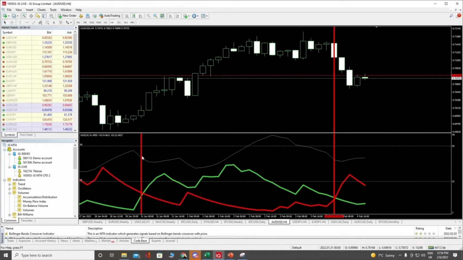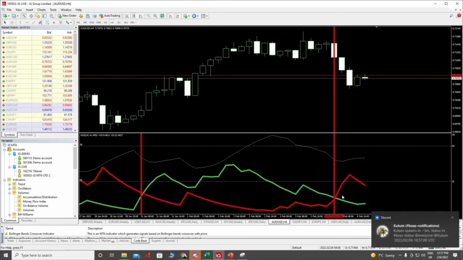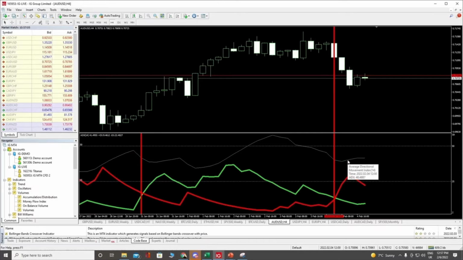So actually, we have the ADX above, the green, it's ready to go, so we are on a buy signal, and this is the opposite. Again, we still have a strong trend. Now, at this point, the opposite. The negative DI comes into control. So this is the time to stop our trade.